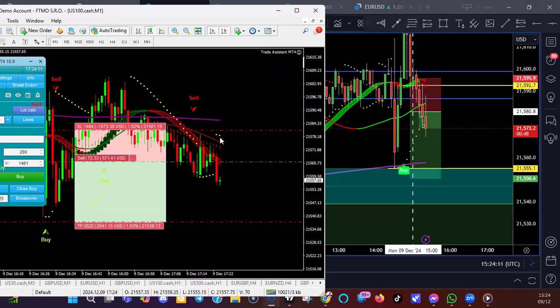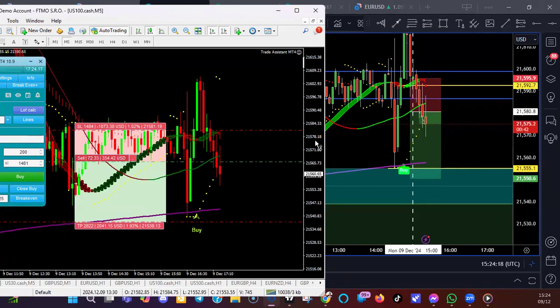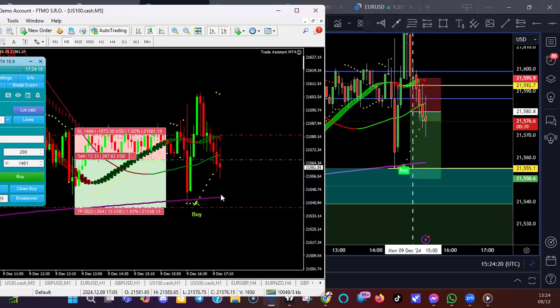Parabolic SARs are there on the 1 minute. Go back to the 5 minute again, just so I know where the purple line is, so I get my visual cues, should we say? Yeah, hopefully there's going to be some.